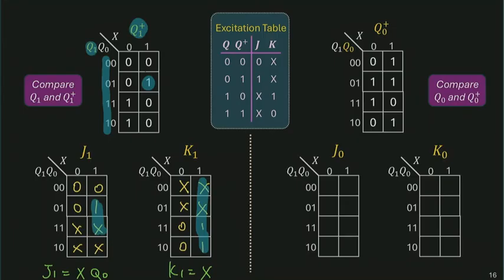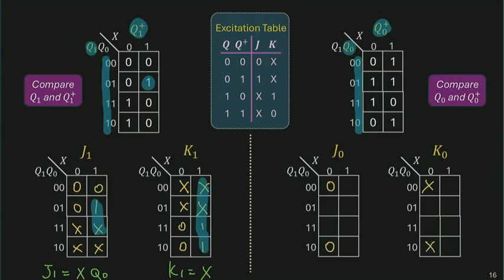So coming to the second table for Q0, I'm trying to compare the relationship between Q0, which is that column in the header, and Q0 plus. The first entry on the top left, the 0 to 0 transition, can be done by 0x. And also at the bottom, that's a 0x.